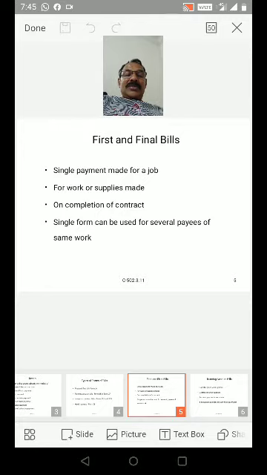Single payment made for petty works, already we discussed, for petty works or split works. For work or supplies made, either for work or supplies of materials.